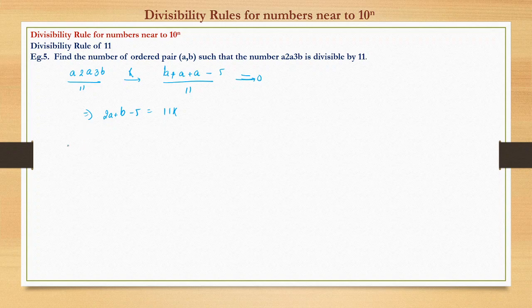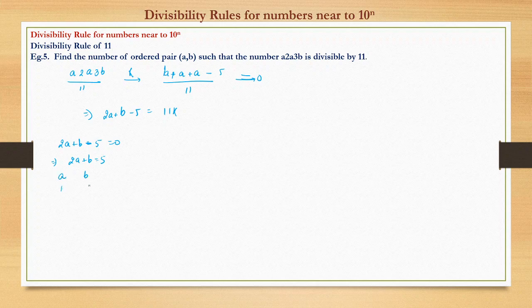So there can be cases. First case is 2a plus b minus 5 is equal to 0. So this gives 2a plus b equal to 5. So what are the possible values of a and b?